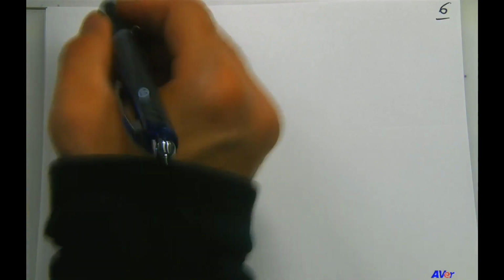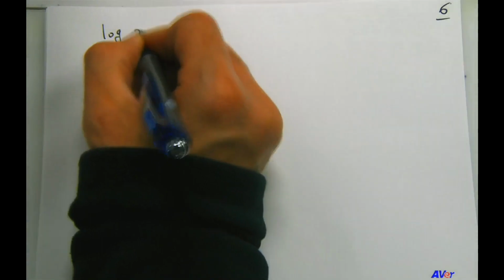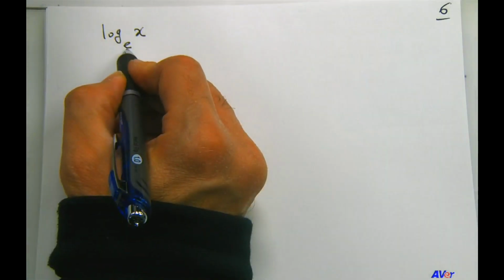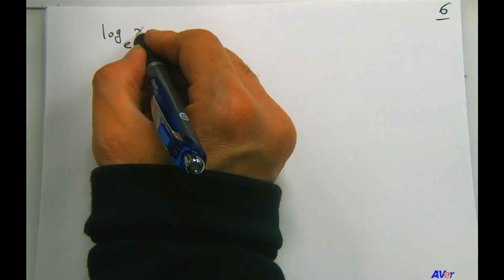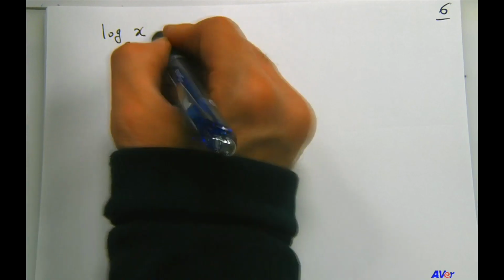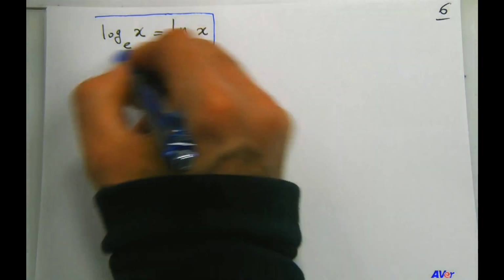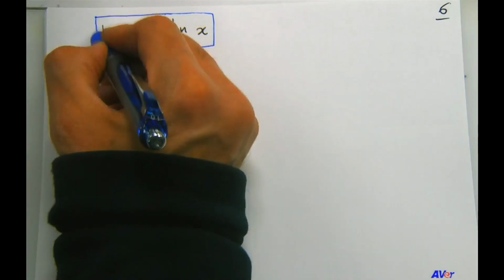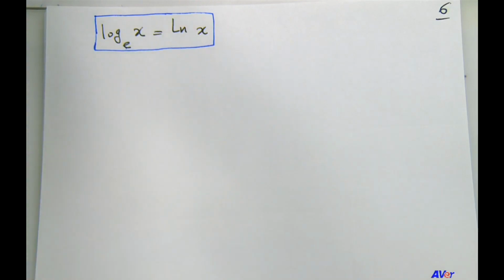And so if we have log to base e, right? Remember that number we talked about last time? Log of any x to base e is equivalent to the natural log of x. So if you see natural log, you're really seeing log to base e.